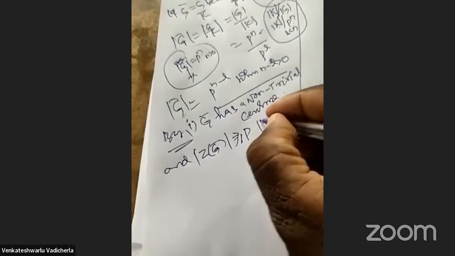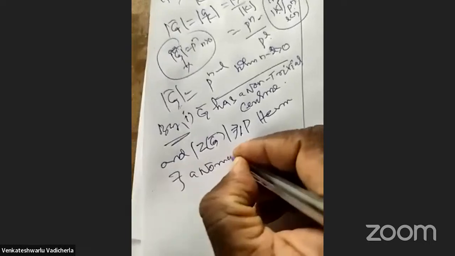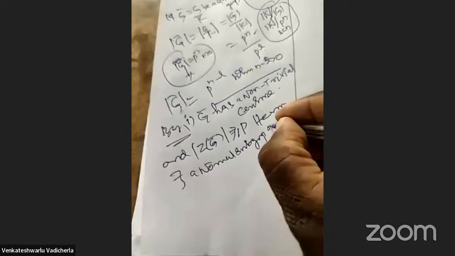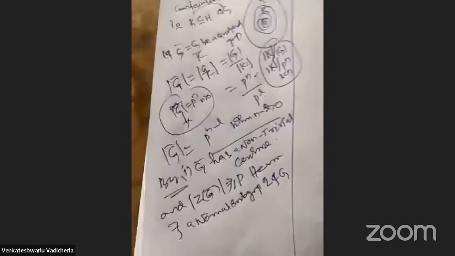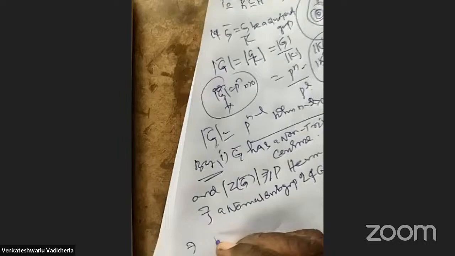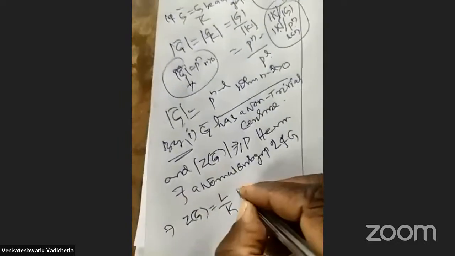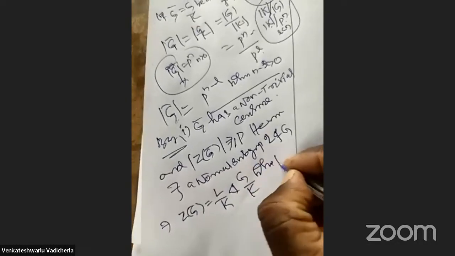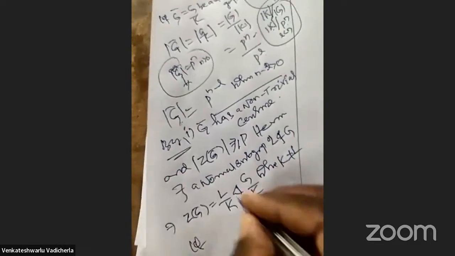Hence there exists a normal subgroup L of G such that Z of G bar is equal to L by K, a normal subgroup of G by K, where K is not equal to L. This is a quotient group.